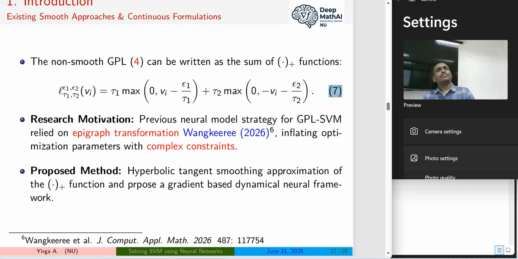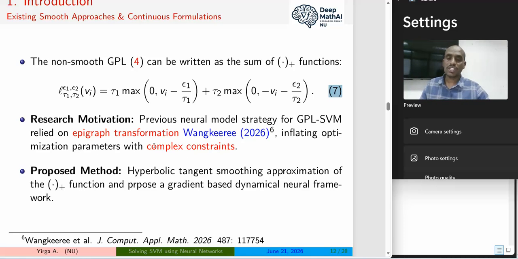But in that case, we have many parameters, and the problem became a constrained problem. In the constraints, we faced many parameters, and it was somewhat difficult to handle using the epigraph reformulation. It's a good technique actually, but it is somewhat tough to handle the parameters, and it takes too much time.